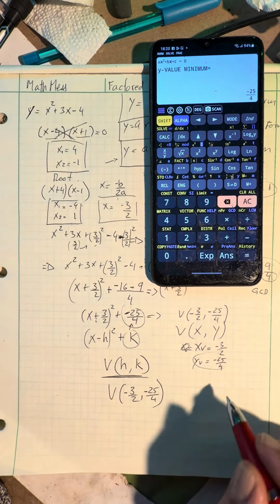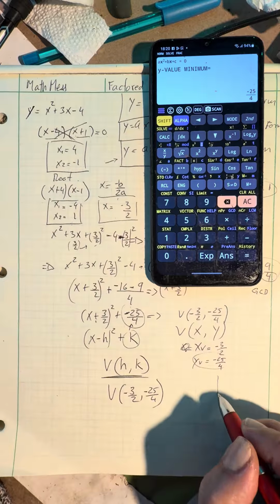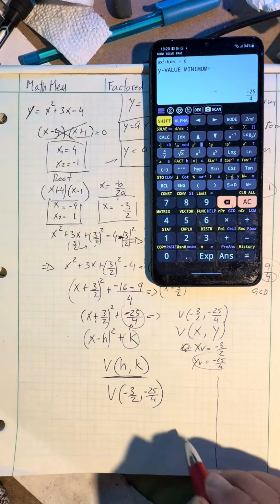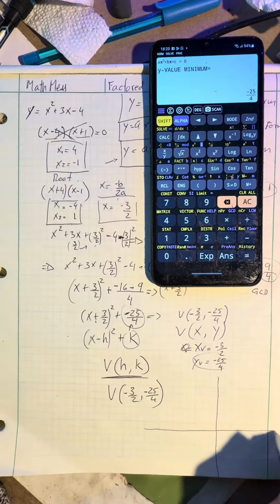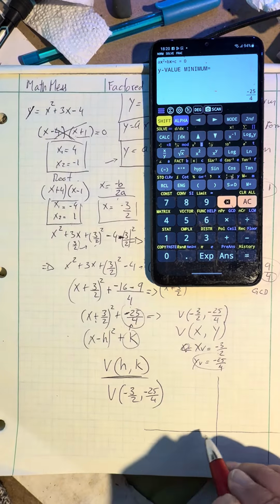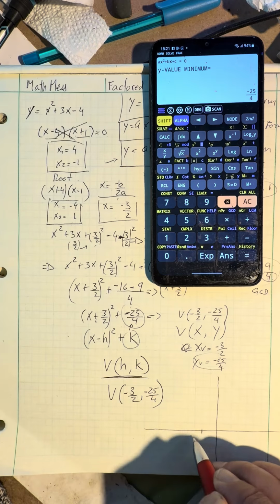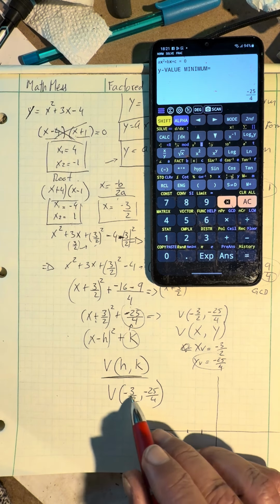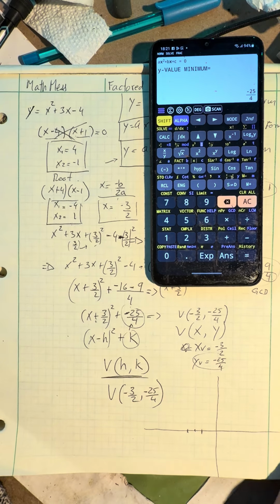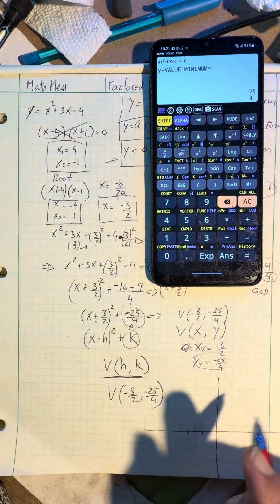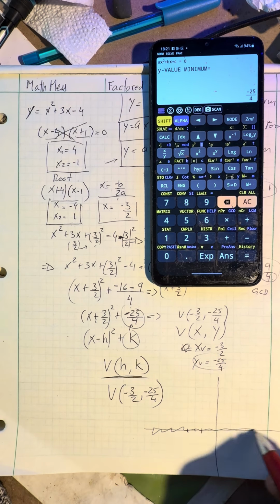That's the vertex. So when we draw this, we have to go to, this is 1.5, so it will be here, and I don't want this line here, that's too low.